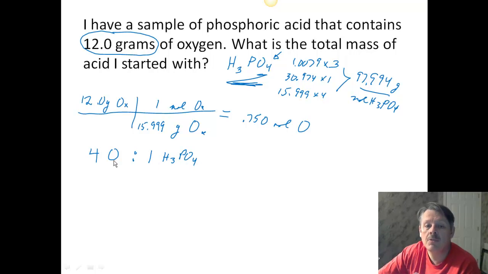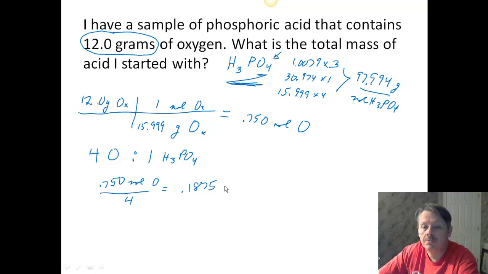So for every 4 oxygens, I have 1 mole of H3PO4. So if I take 0.750 moles of oxygen, and I divide it by 4, because I have a ratio of 4 to 1, that's going to give me 0.1875 moles of H3PO4.